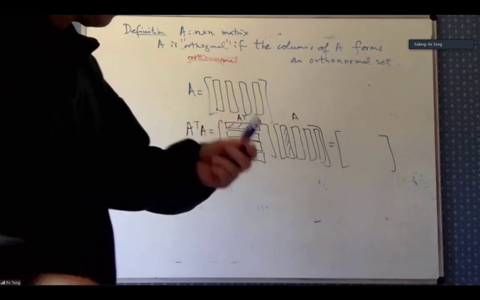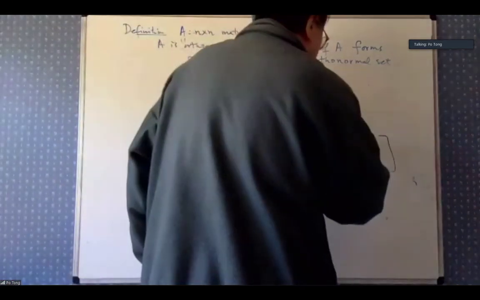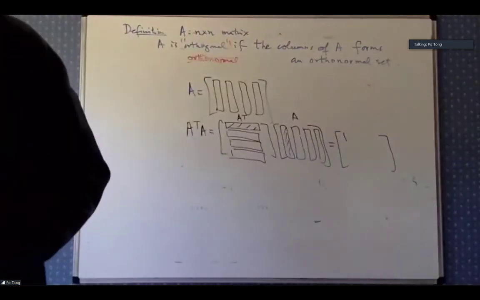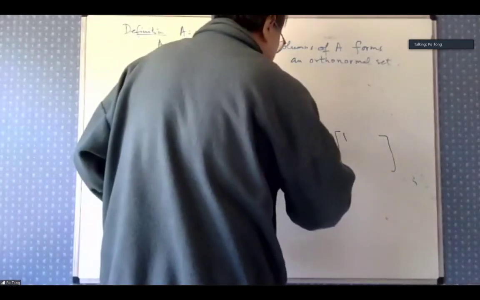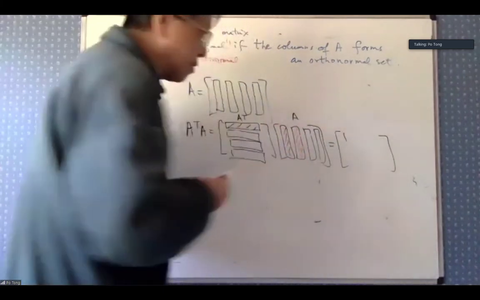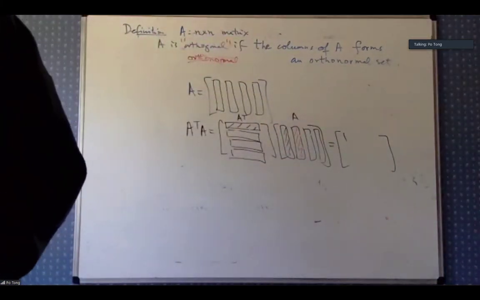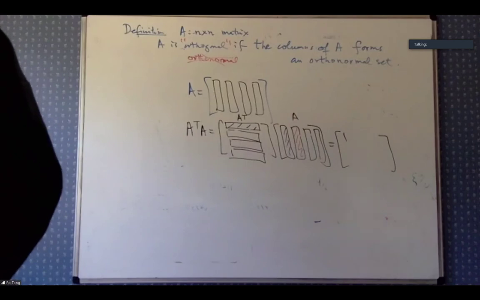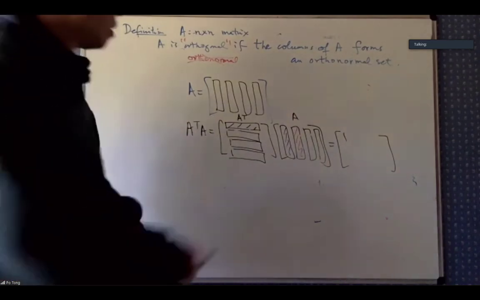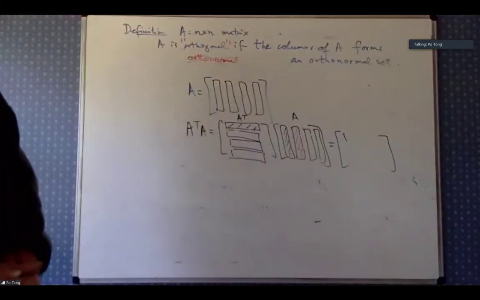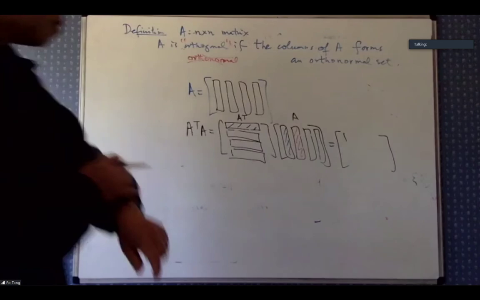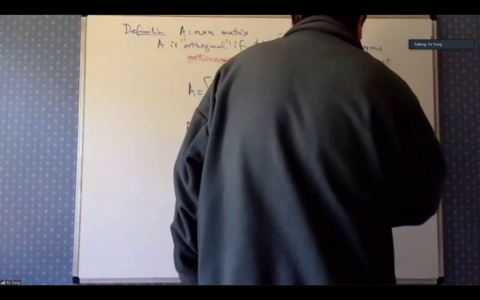And because this length is 1, I get a 1 here. How about this blue one and this red one? When you dot them together, what do you get? 0. Really good. So you end up with something like this.